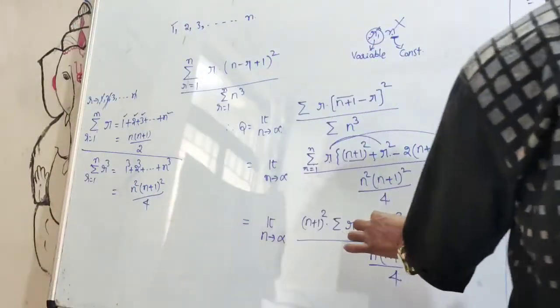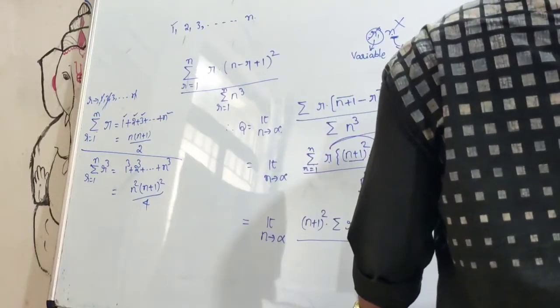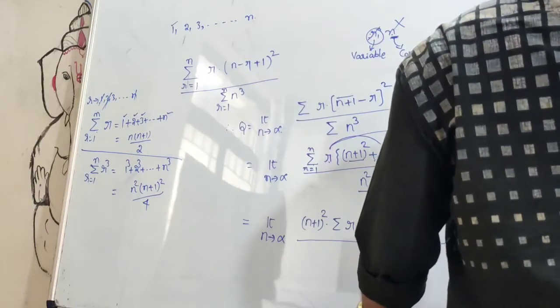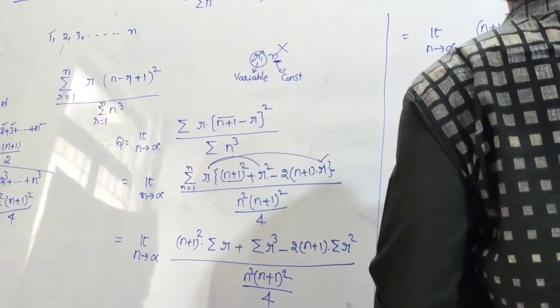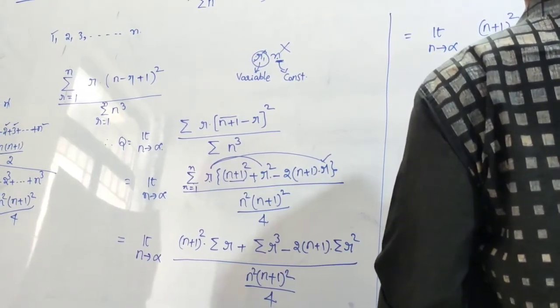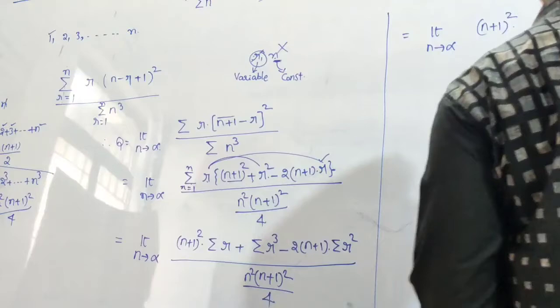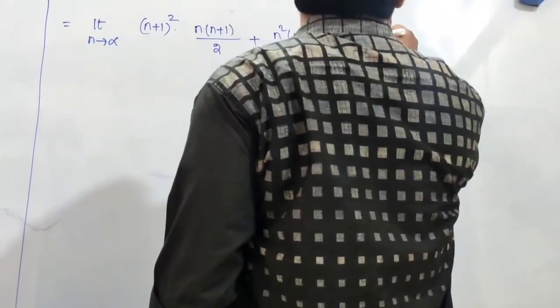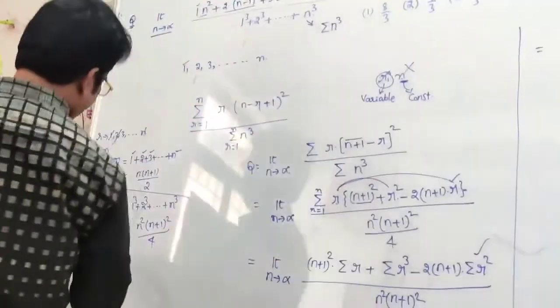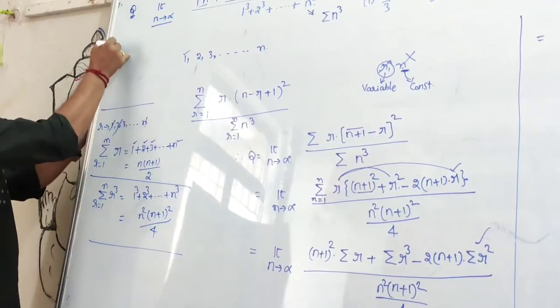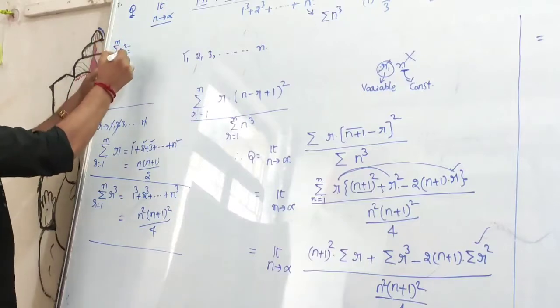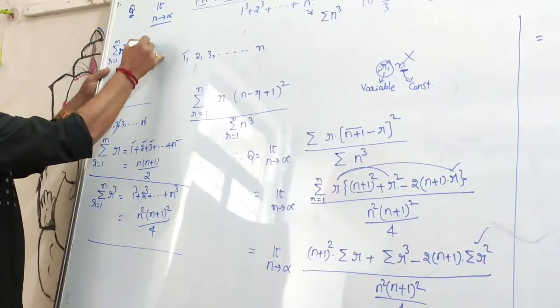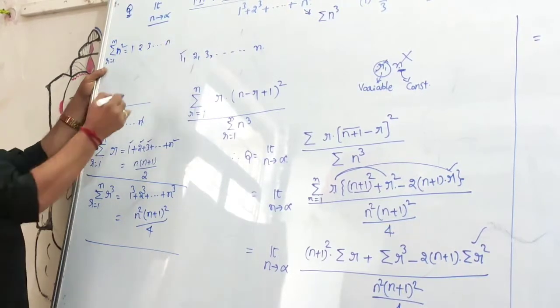Now we are going to substitute all the values. Sigma r means n into (n plus 1) by 2, next plus sigma r cubed, n square into (n plus 1) whole square divided by 4, next minus 2 into (n plus 1) into, what about sigma r square? Here r goes from 1 to n: r equal to 1, r equal to 2, r equal to 3 and so on, up to r equal to n.